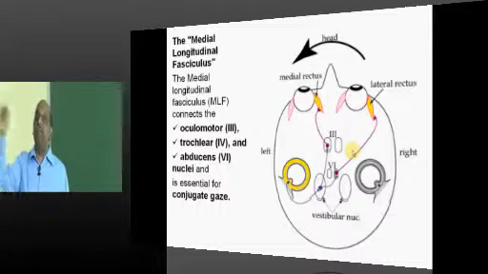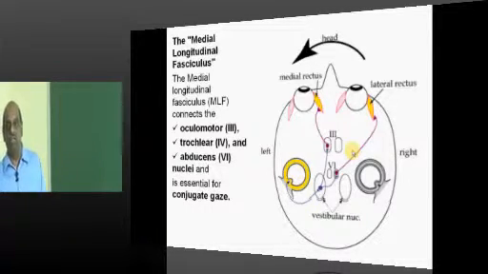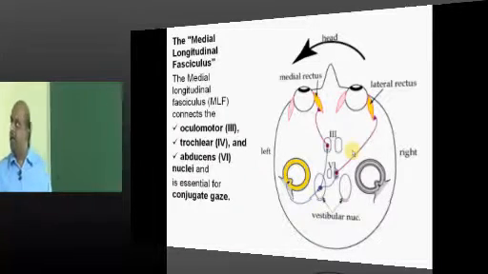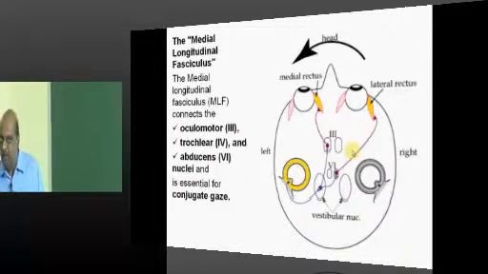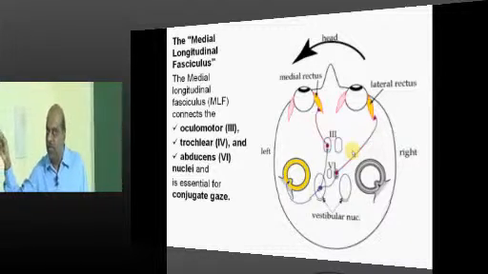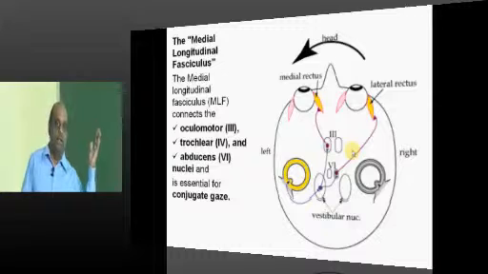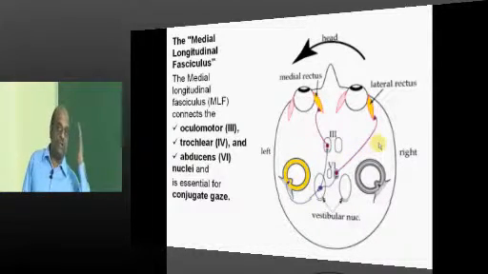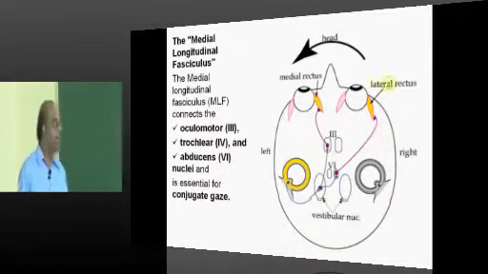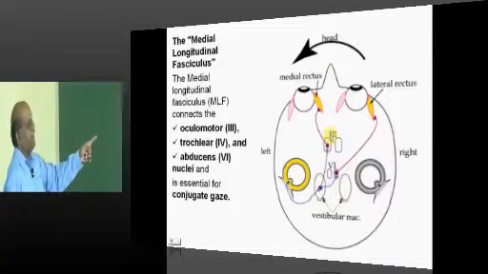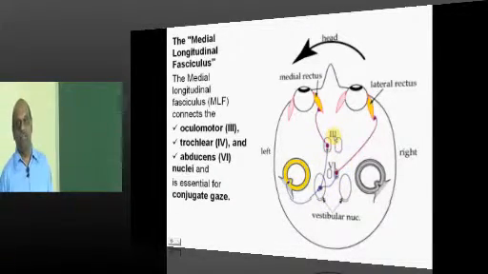Fifth, sixth, seventh are located in pons. So our pontine nucleus, the sixth cranial nucleus, abducens, will be thinking of moving the eye towards the lateral side. Then it will slowly whisper in the ears of the third cranial nerve nucleus on the contralateral side through this important connection which is basically called medial longitudinal fasciculus.